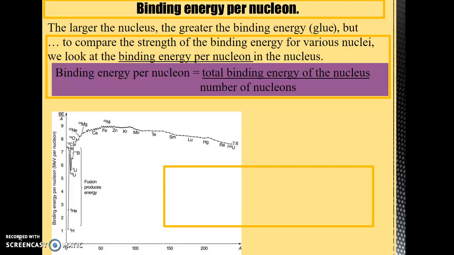And this graph has been plotted using that information for each type of element. So you can see here that we've got some of the helium and hydrogen isotopes up to here, lithium, again helium, that would be the stable helium, carbon, oxygen, neon, magnesium. And as you move down the periodic table, you're moving up on this binding energy per nucleon graph.